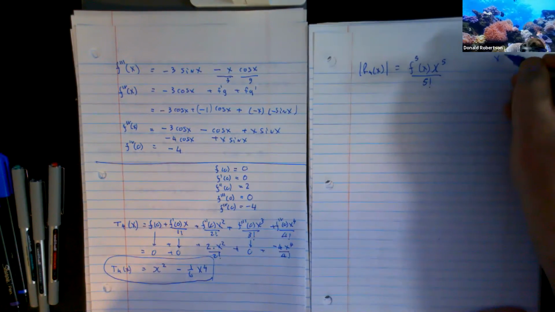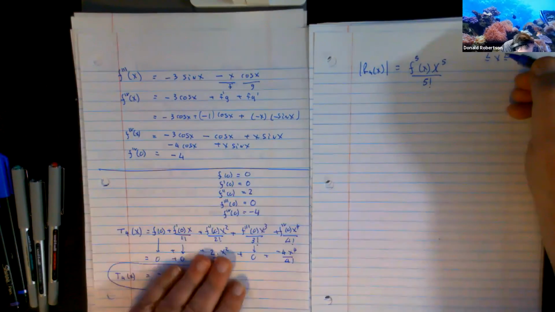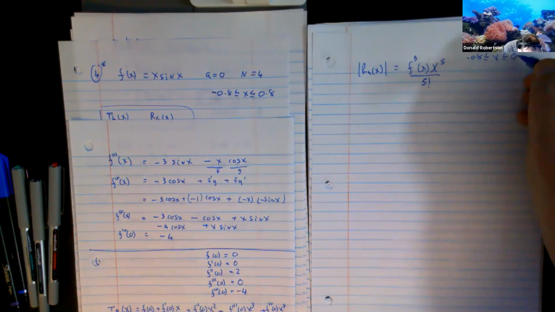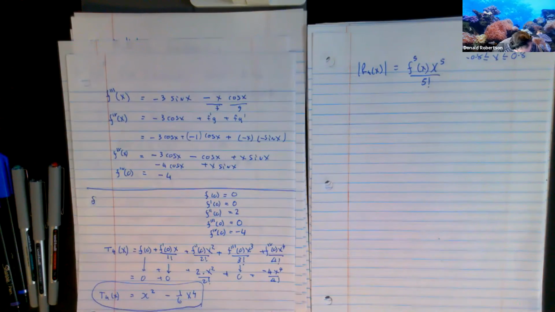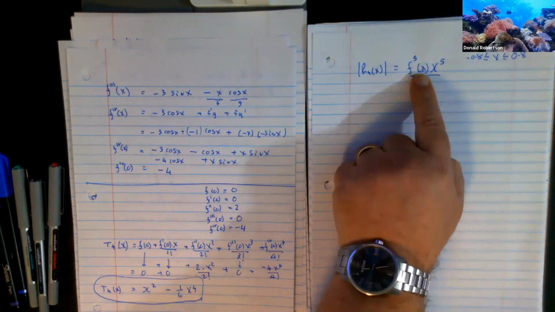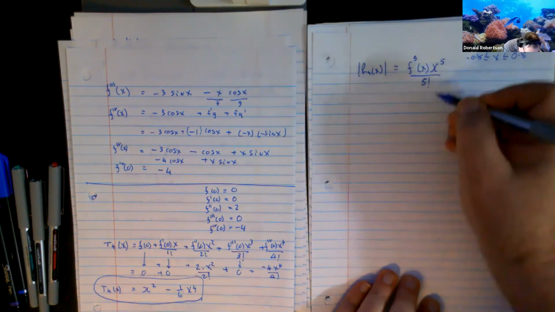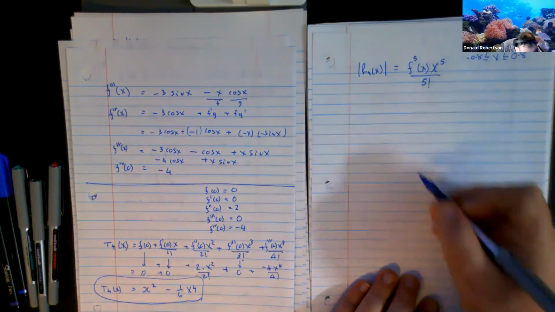And x is going to be in this question between -0.8 and +0.8. So I need to know what the fifth derivative is, and then we can figure out what the maximum value of each of these pieces is going to be.